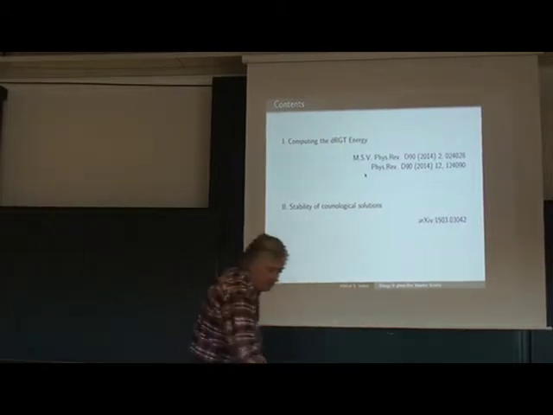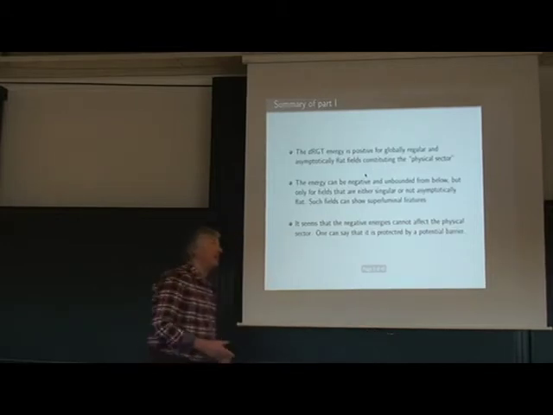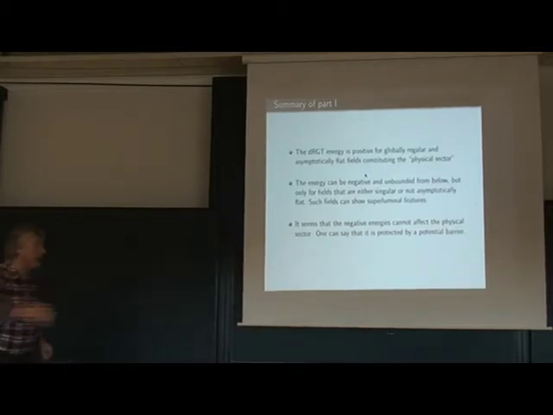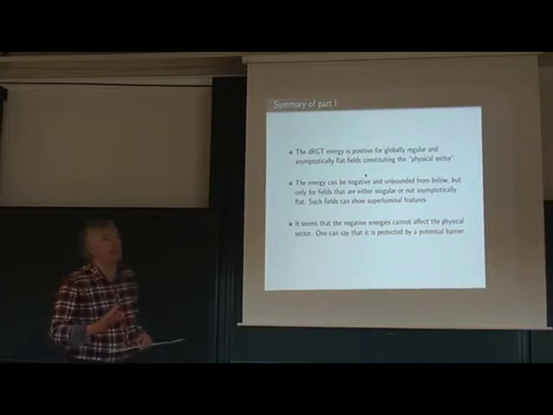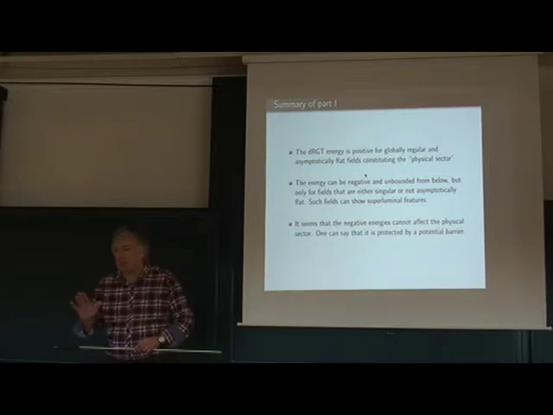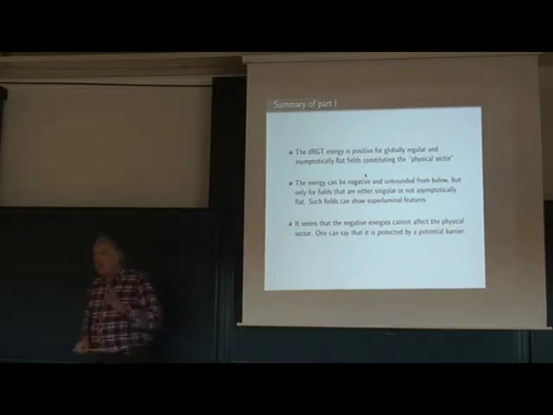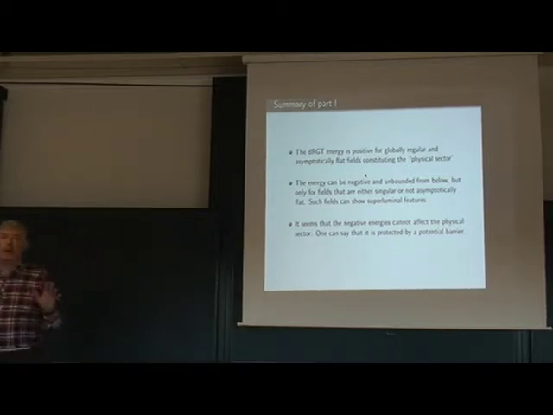First of all, let me summarize my conclusions already now, and I'll do it again later. So I find that the energy in the GT theory is positive for globally regular and asymptotically flat deformations of Nordita space. However, there are also other solutions of the constraint equations for which the energy can be negative and even unbounded from below.